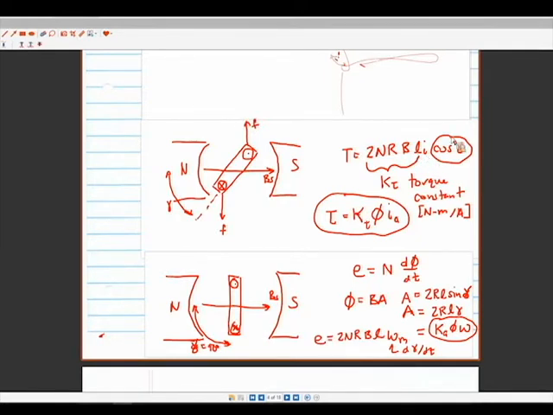If we have an example of a permanent magnet motor, this B field is not generated by the current running through the system. It's a flux that's coming because you have a permanent magnet, and that's going to be constant. So when we look at a permanent magnet motor, it's going to bake in that torque constant.